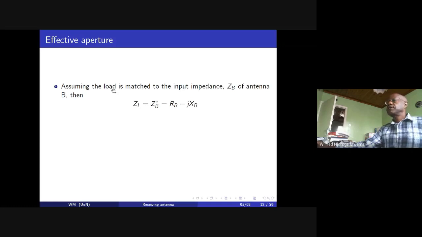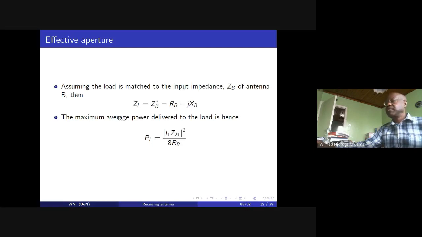So if we assume the load is matched to the input impedance Z_B of the antenna, then we can write that Z_L is going to be given by Z_B conjugate, and this will be given by R_B minus jX_B, where R_B, of course, is the real part of Z_B, and X_B is the imaginary part of Z_B.